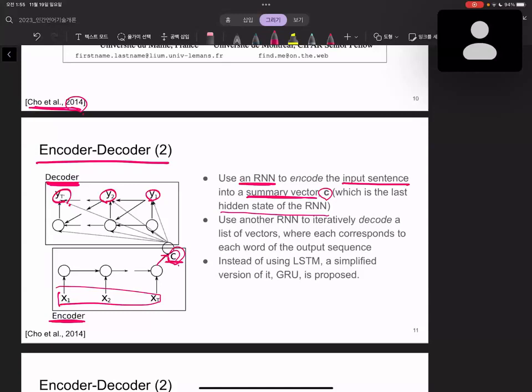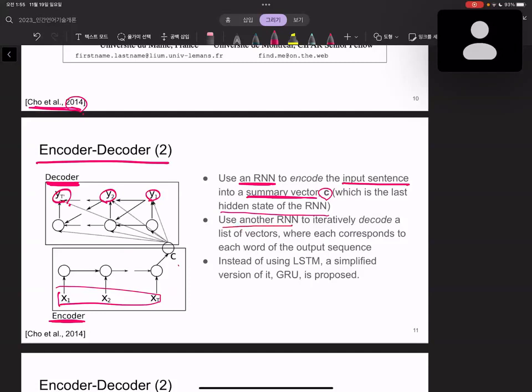But back then, they did not know the pooling method is effective. So this is possible, but they did not know. This is a very simple idea, but anyway, they did not know.